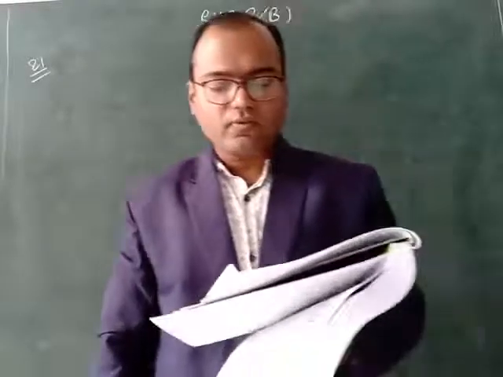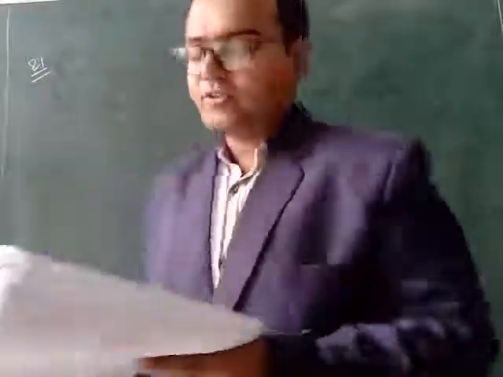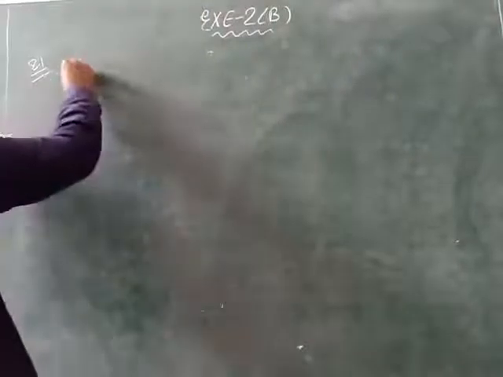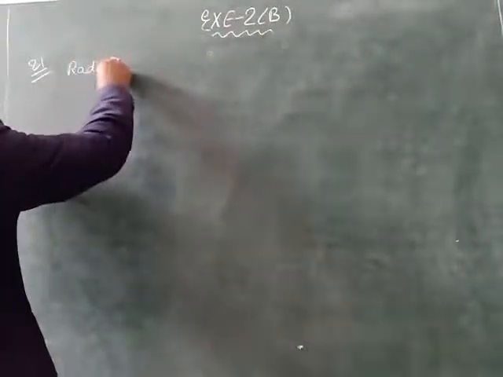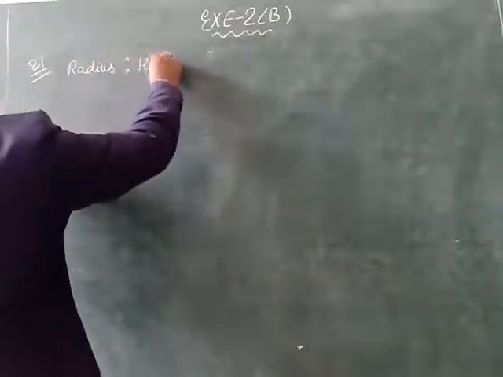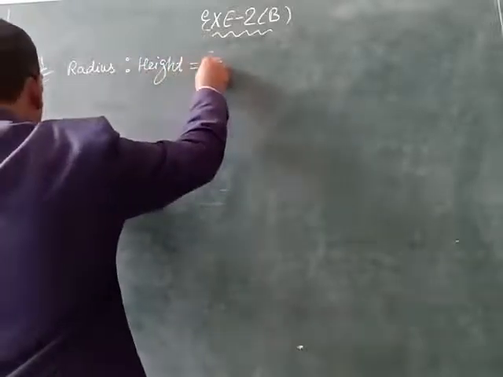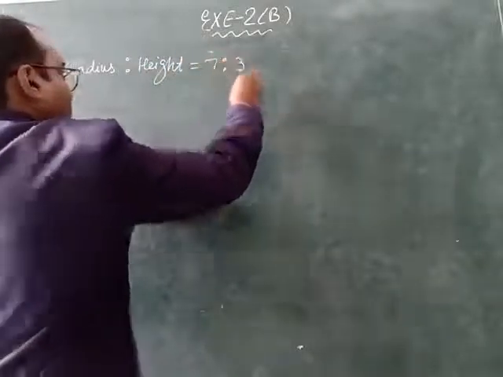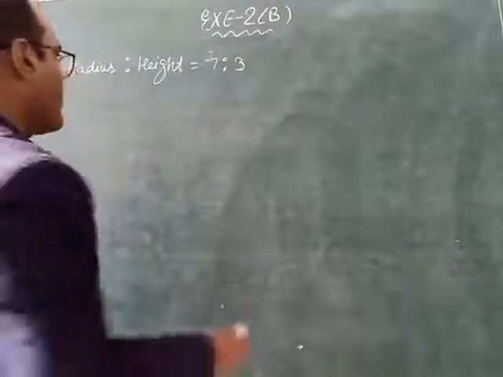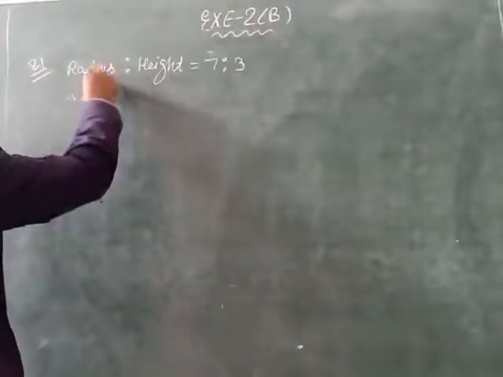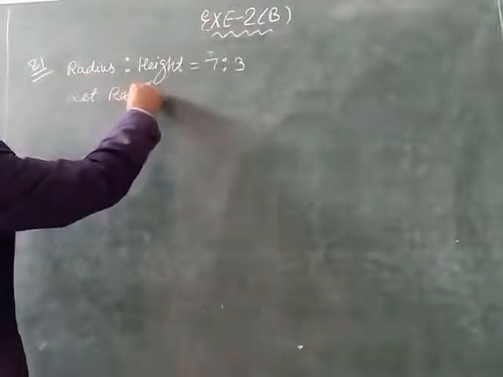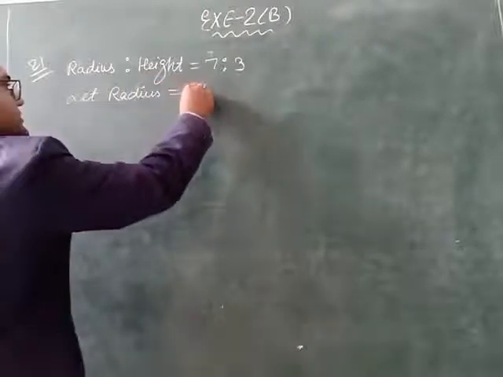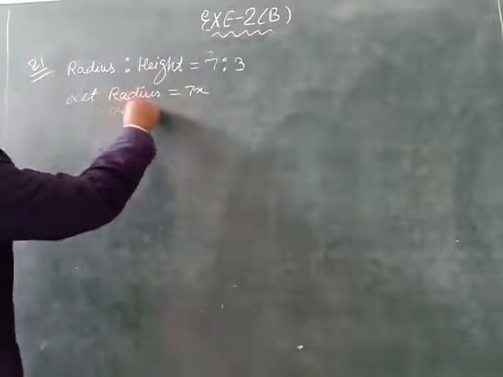Ratio of radius and height is given. So whenever a ratio is given, what we have to do is assume, let's say the radius is 7x and the height is 3x.